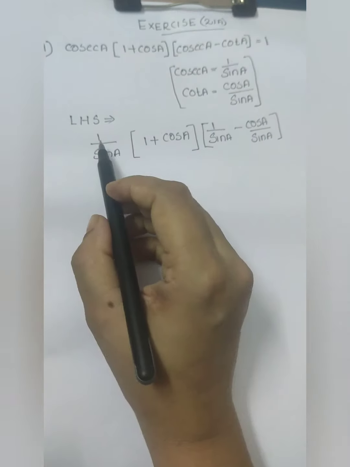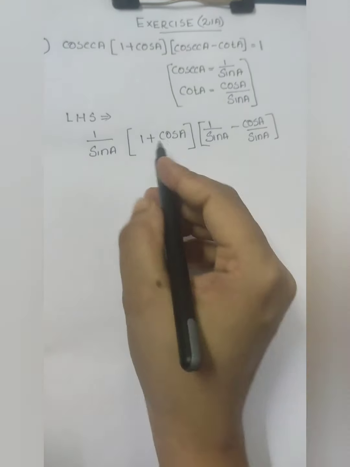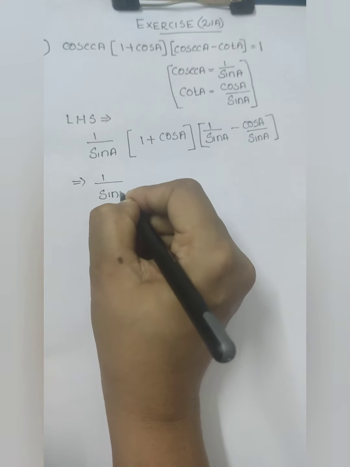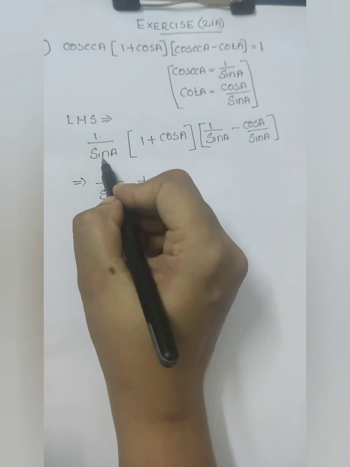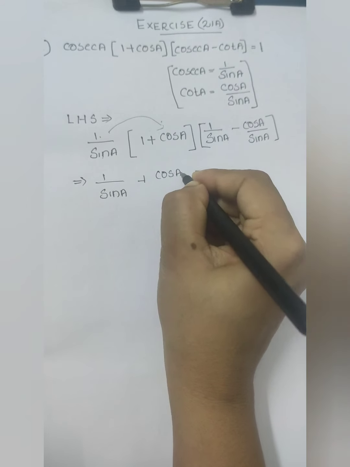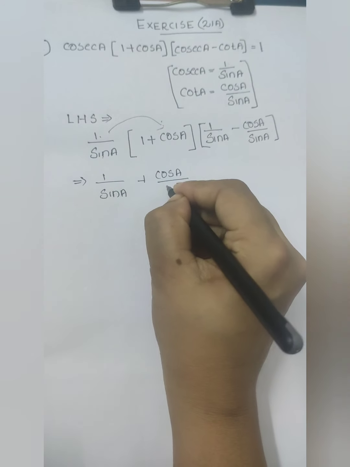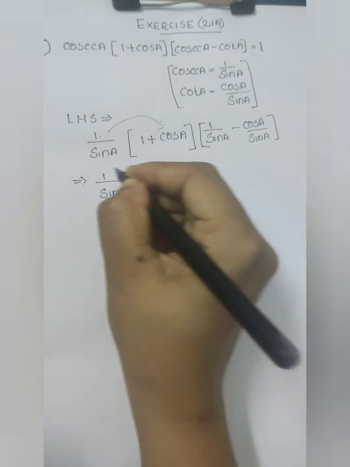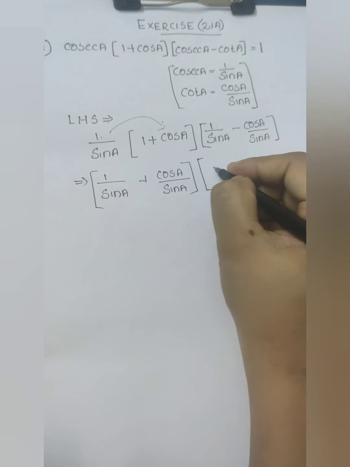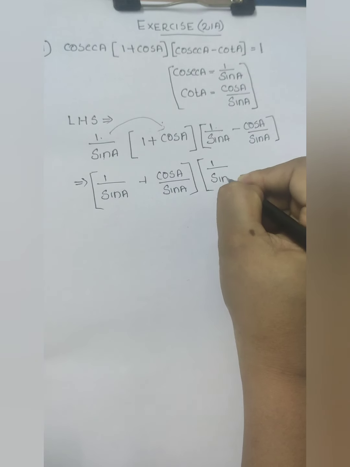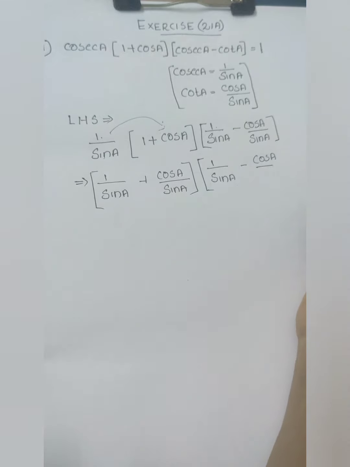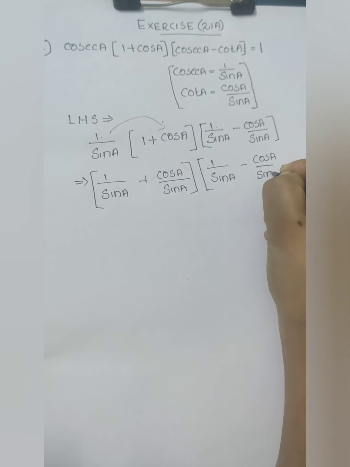Now multiply 1 by sin a into 1, that is 1 by sin a, plus 1 by sin a into cos a, that is cos a divided by sin a. Put it inside a bracket. Then 1 by sin a minus cos a divided by sin a.